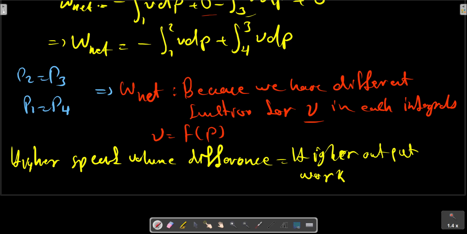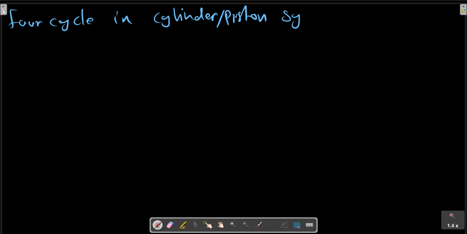If the 4-process cycle shown in this picture were accomplished in a cylinder piston system involving boundary movement work, then the net work output of this power system can be found from this relation.